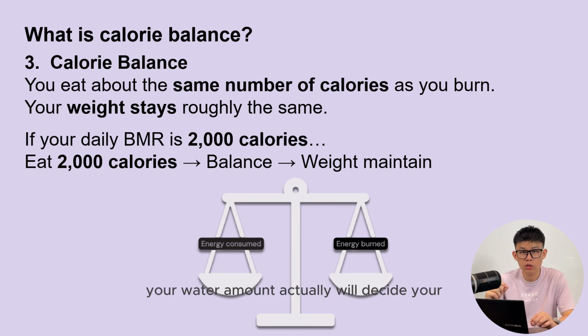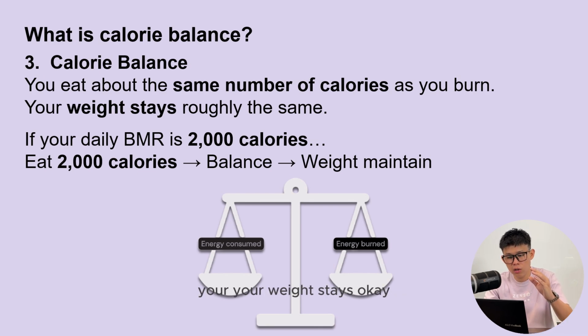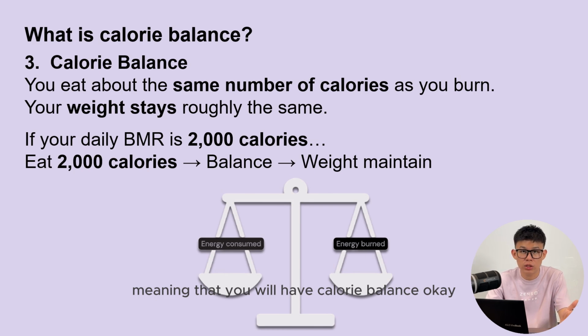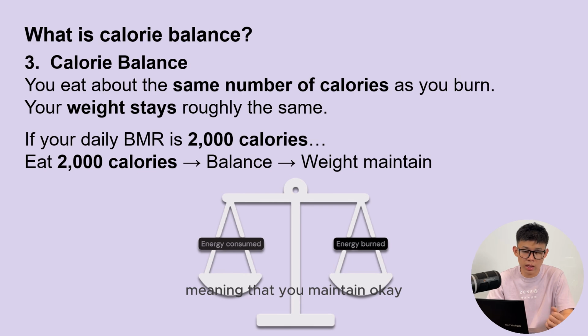Your water amount will affect your scale reading, meaning your weight, to go slightly up or down. Calorie balance will make sure your weight stays. This is a simple example: if your daily BMR is 2000 calories and you eat 2000 calories, you have calorie balance. Your weight will stay the same, meaning that you maintain.